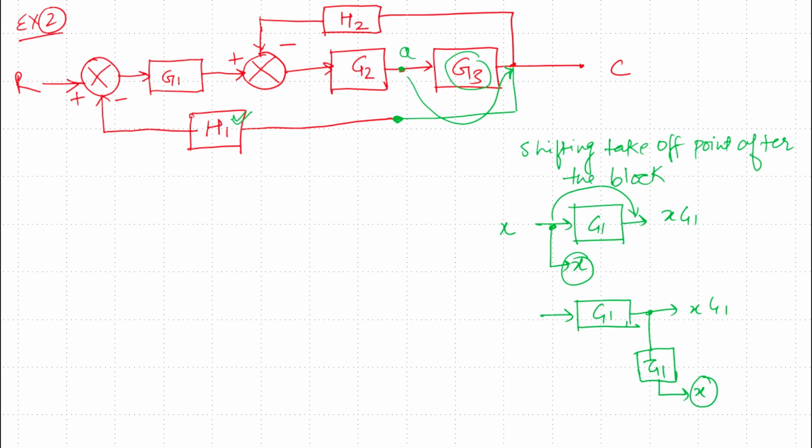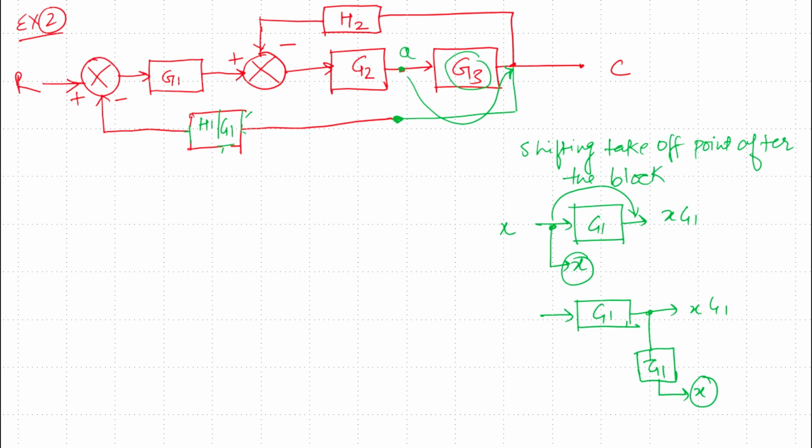So when you shift this takeoff point from this terminal to this terminal, this gain H1 will be divided by G3. So let me erase this and again write the actual value here. After the shifting, the value will be H1 divided by G1.